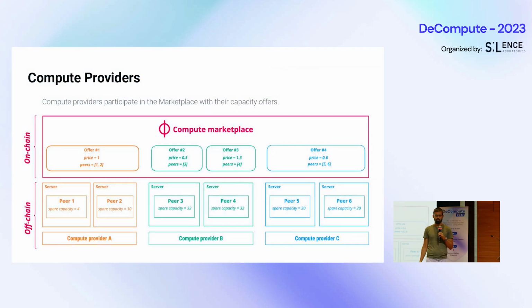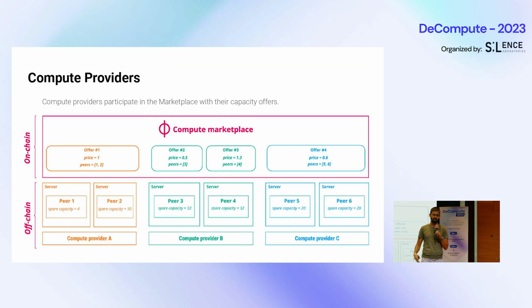What does the compute marketplace look like? We have the on-chain part, so the compute marketplace runs on the chain. Currently, it's Filecoin. And we have the off-chain part, so the compute itself happens off-chain. We have compute providers. We expect them to run a lot of servers.